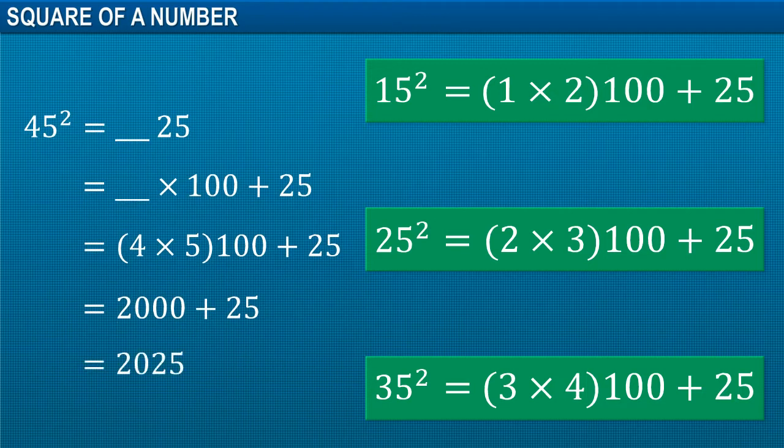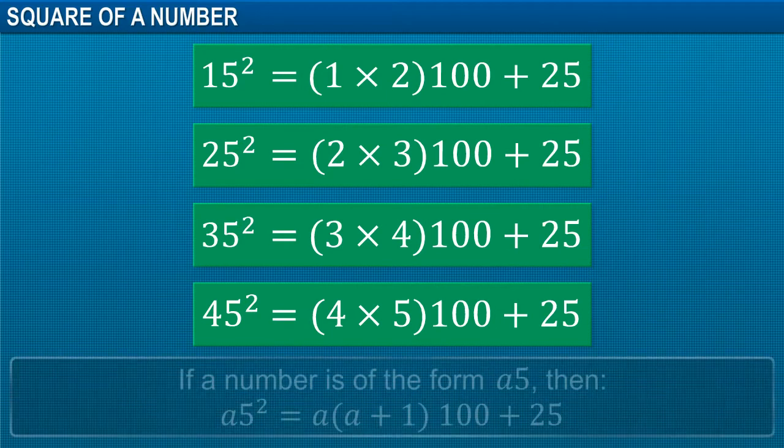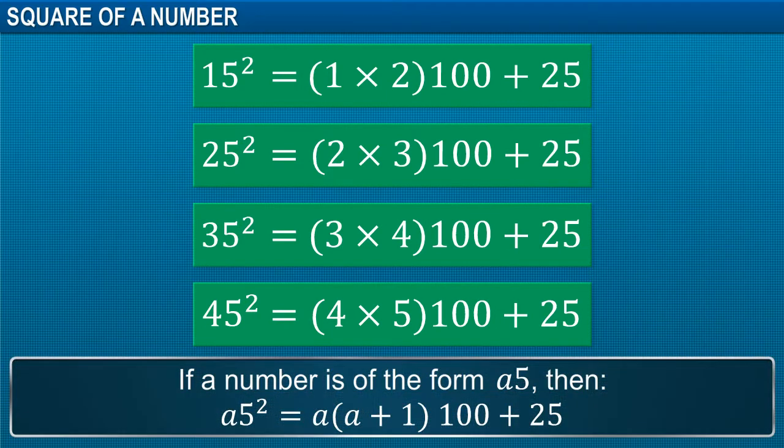Thus, the square of 45 is equal to 2025. Based on these examples, we can generalize that if a number is of the form a5, then a5 square is equal to a into (a + 1) into 100 plus 25.